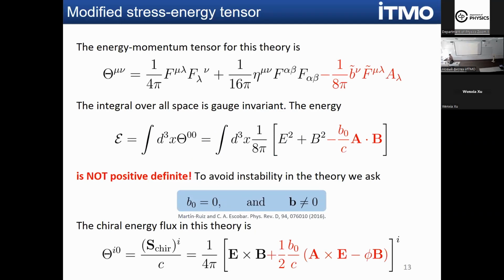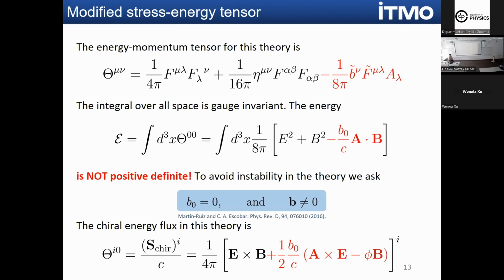Since we are modifying the electrodynamics, the Maxwell equations, the energy momentum density is also modified by this term. So the energy density is also modified, and the energy in this case is not positive definite. This will bring some instabilities in the theory.